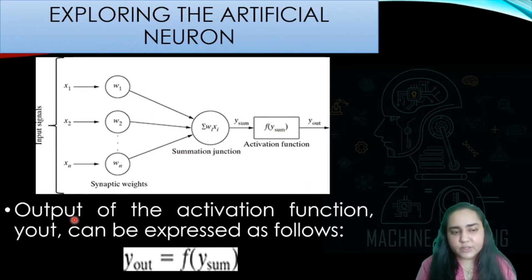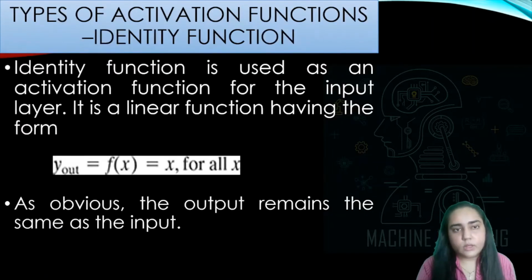The output of the activation function, which is y out, can be expressed as follows: it's equal to just the function of y sum, which is the activation function. The first kind of activation function is the identity function. This is the function used for the input layer, and it's linear, and it has this kind of form.